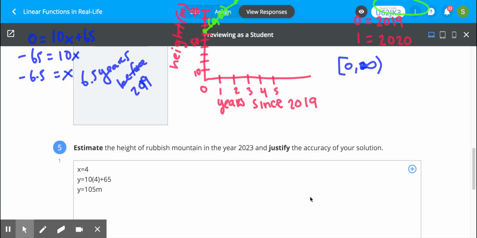I'm not going to answer this question for you, but think through what this means, what this indicates and what this compares to. You may need to look up what exactly 105 meters is, and whether it's going to get to that height. Is that reasonable? Are we going to stop at some point? Maybe that impacts your answer back here for the reasonable domain. Does it go to infinity? This is where you're thinking through the application piece of it.